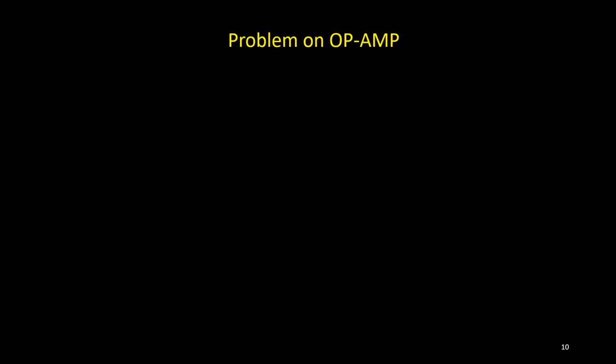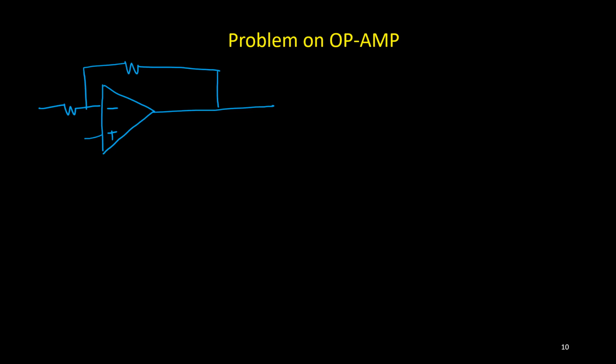Now, the problem is like this. This is minus, this is plus. This end is grounded. Here, suppose you apply a potential of 1 volt, and suppose this resistance is 2K, this is your 4K.